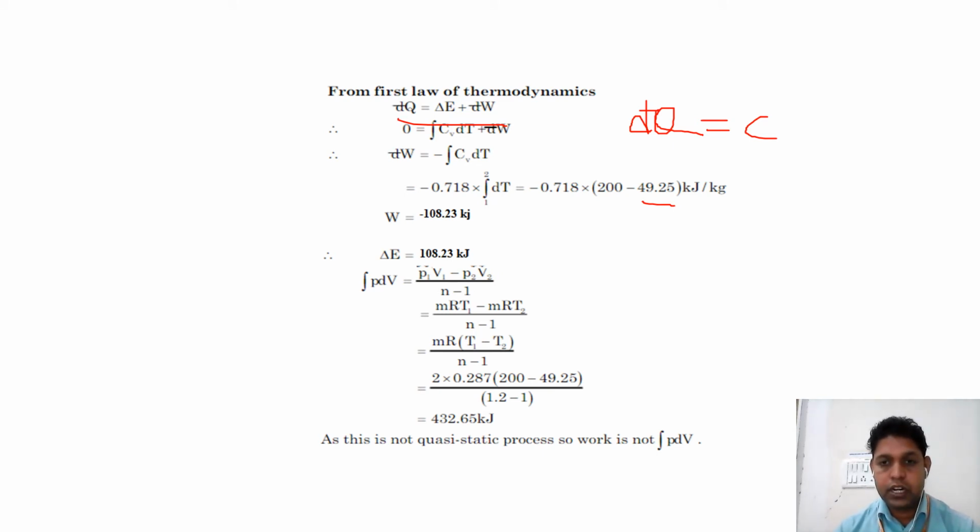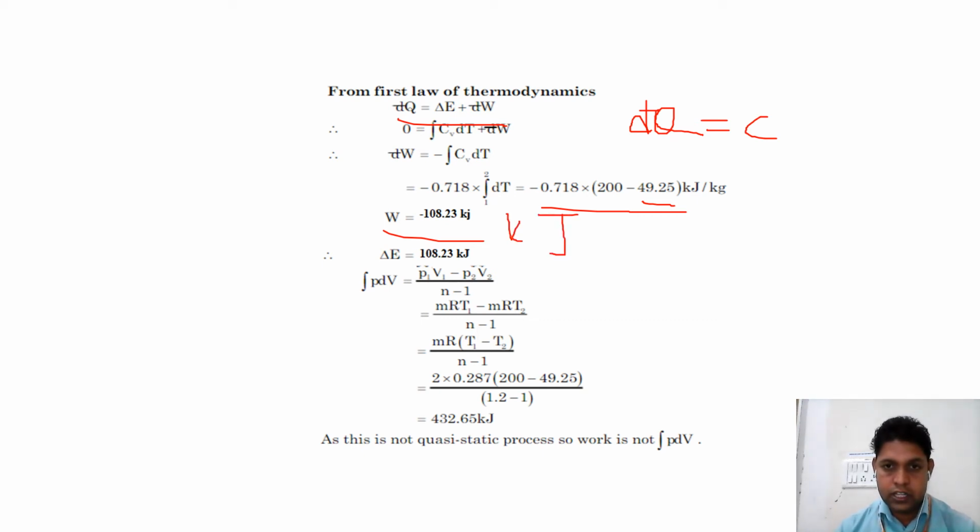T2 is equal to 200 and T1 is equal to 49.25 centigrade. Then we will follow this numerical method, and we'll get the answer: W is equal to minus 108.23 kilojoule.